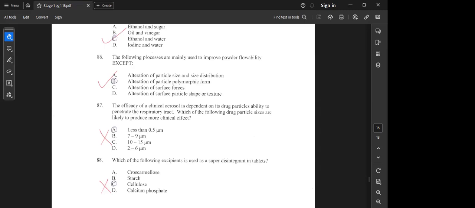Perhaps people can contribute the types of excipients and common examples, like the lubricants, the glidants, and all that. Calcium phosphate is also used as a diluent.